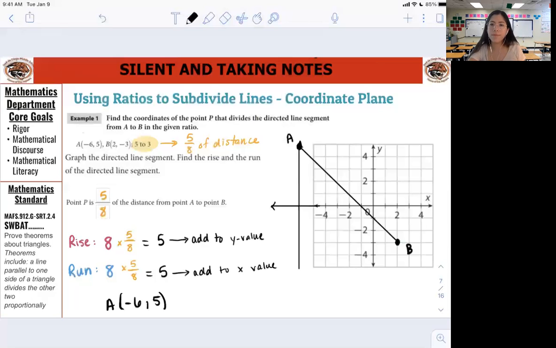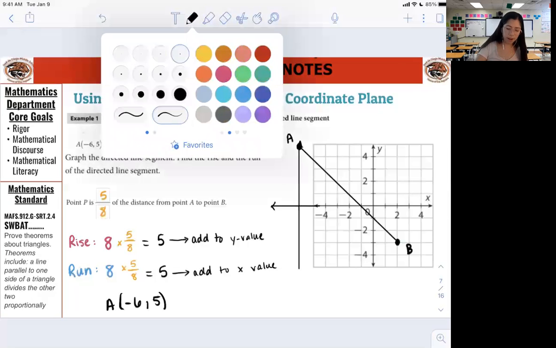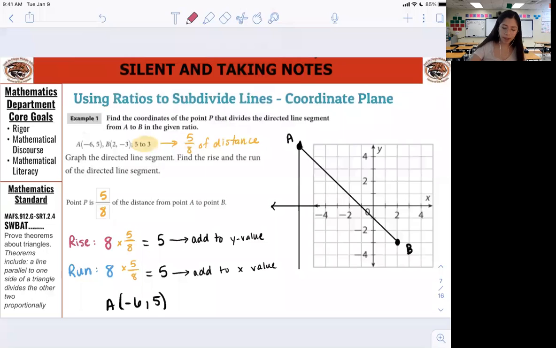Ooh, yes, Emily, can you just put that question in public for a moment, real quick? Emily noticed something very important. Yeah, the rise should be -8. I'm sorry. I'm not on my A game today. But yeah, the rise should be -8 because it's going down.